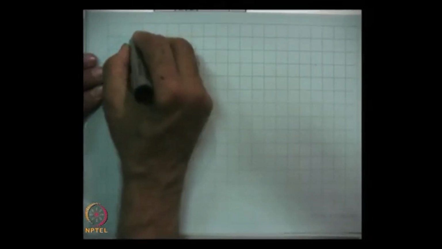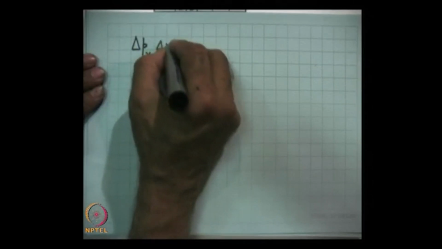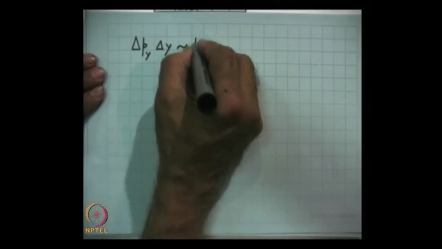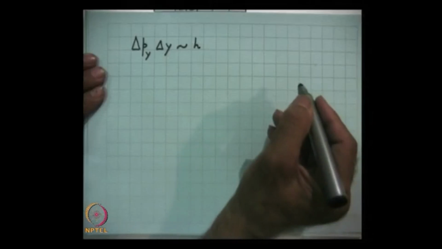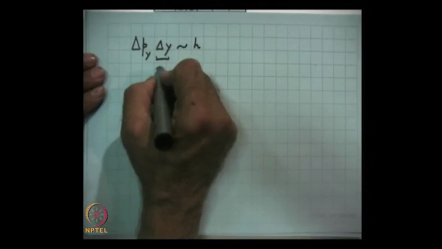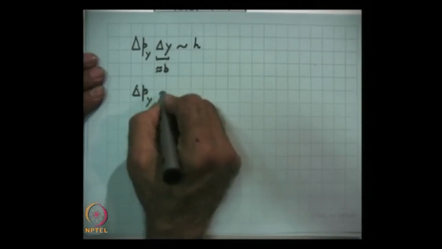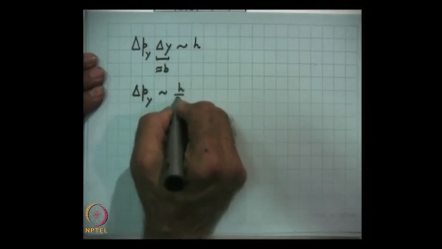So, we have the uncertainty principle that delta p y times delta y is of the order of, say, h cross or h, it does not matter, it is an order of magnitude relation. Delta y is of the order of b, so delta p y is of the order of h by b.